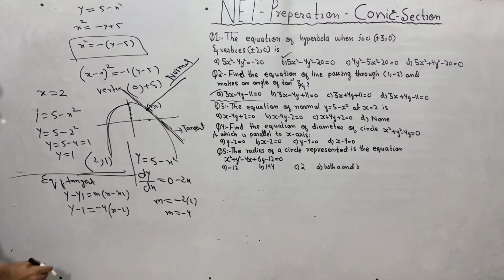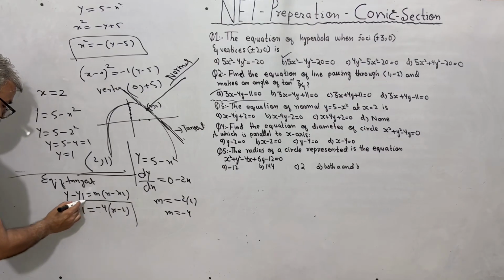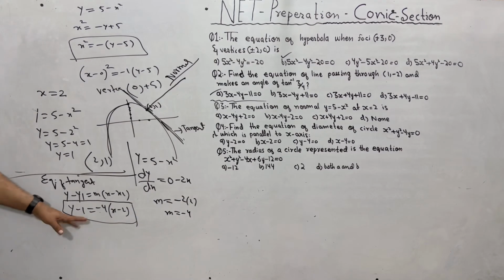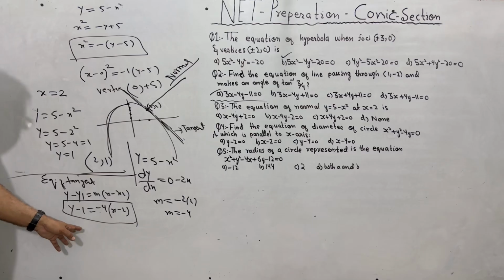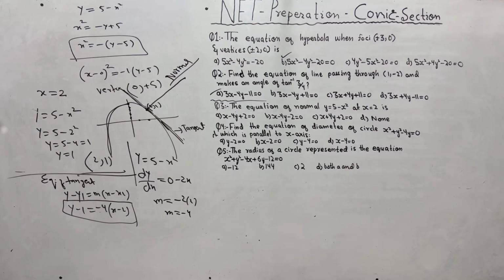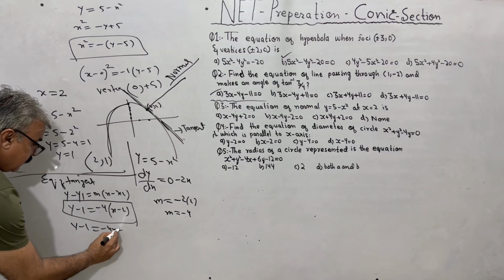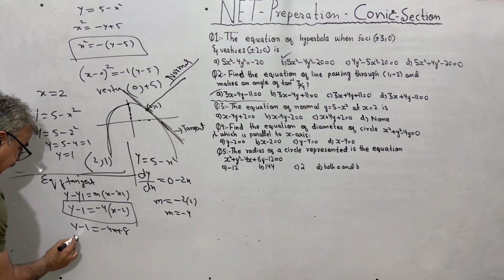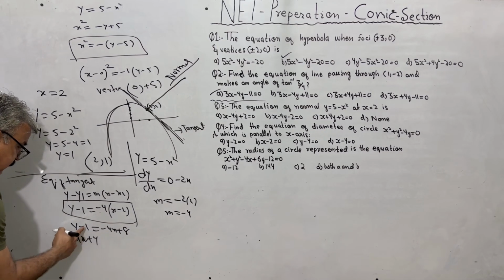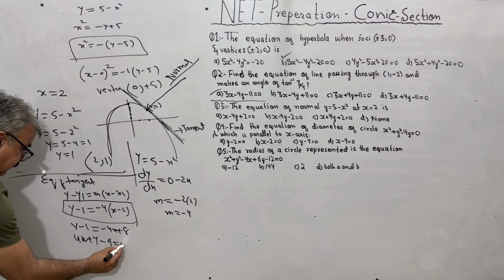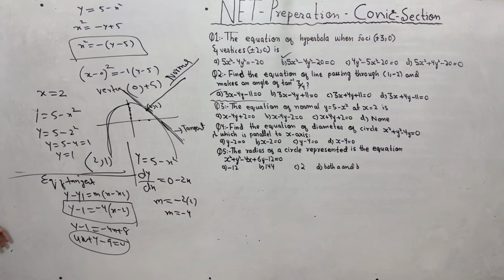That is my equation of tangent. One can manipulate further, write in the standard form. Okay, let me do it for you. Minus 4x plus 8, shift to this side, it will become 4x plus y minus 1 minus 8, it will become minus 9. That's our equation of tangent.